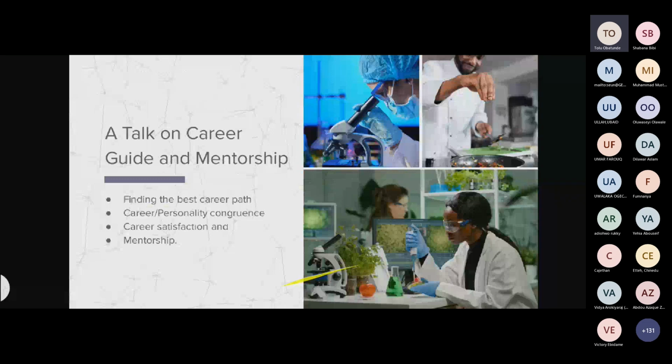But right now, one of the things you should expect from this session is finding a best fitted career path. Just like I mentioned, it depends on the category you are in.